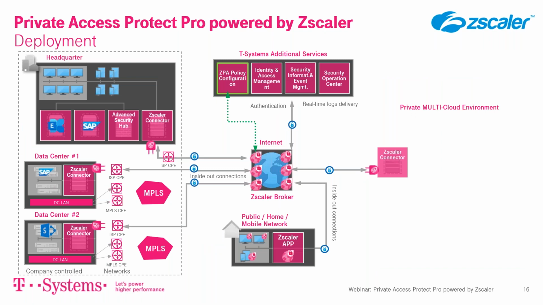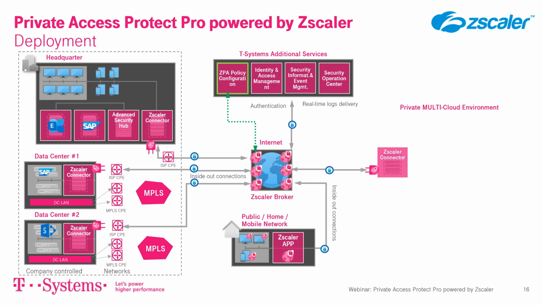Great presentation. So now we have heard how private access actually works, the technical basis. Now let's take a look at how we from T-Systems are doing our deployments with our customers and what we offer during and after this process.